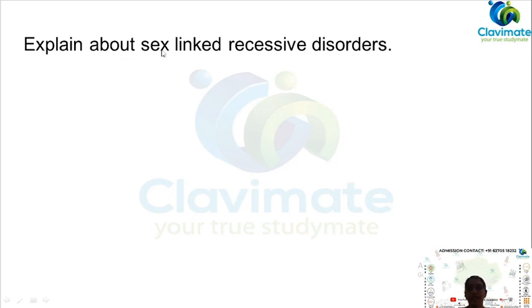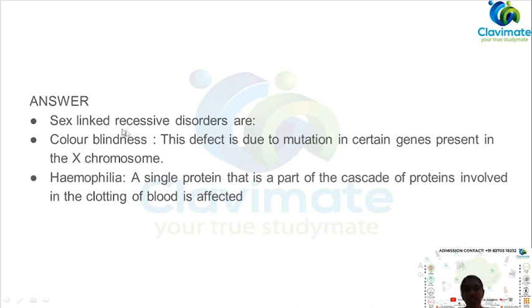Next, you have to explain about sex-linked recessive disorders. So what are the sex-linked recessive disorders? They are color blindness and hemophilia. So here there is a characteristic. For color blindness, there is a mutation in the X chromosome, and in hemophilia, a single protein is affected and the blood will not clot.